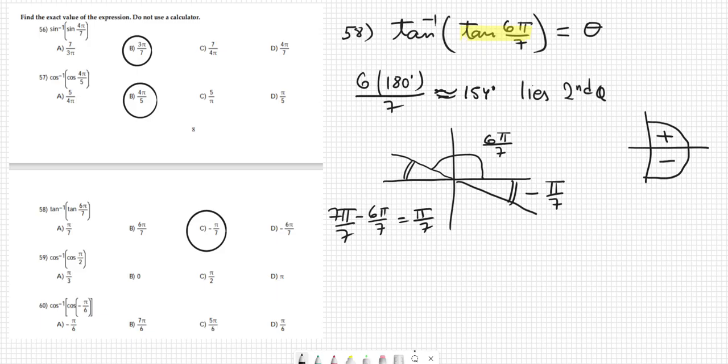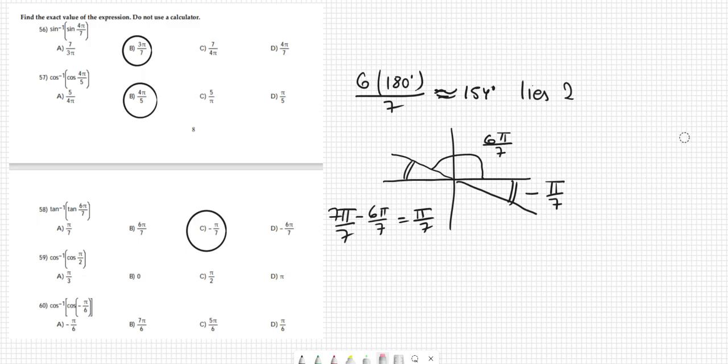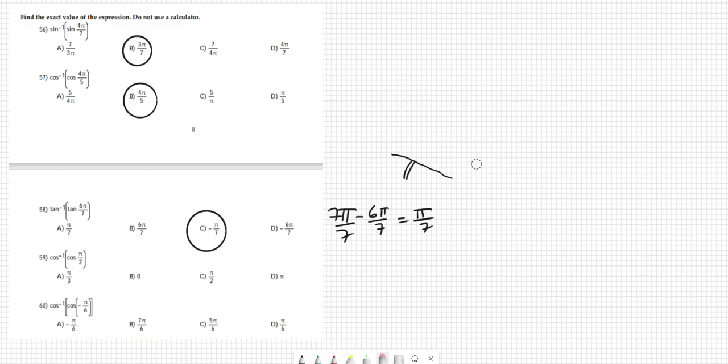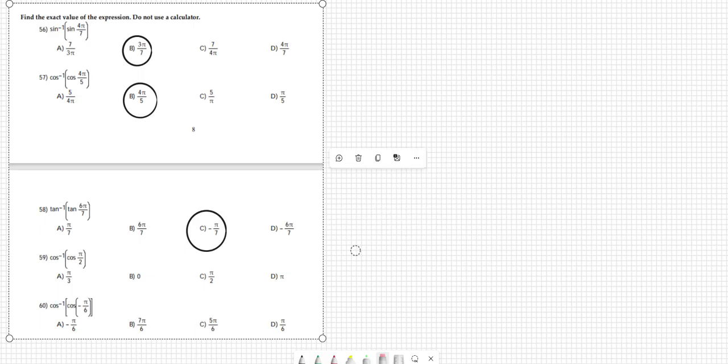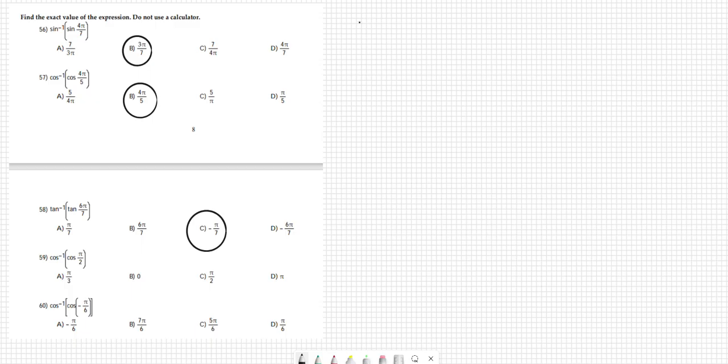Now 59. Well, let me erase everything. Okay. 59 is cosine inverse of cosine of pi over 2.